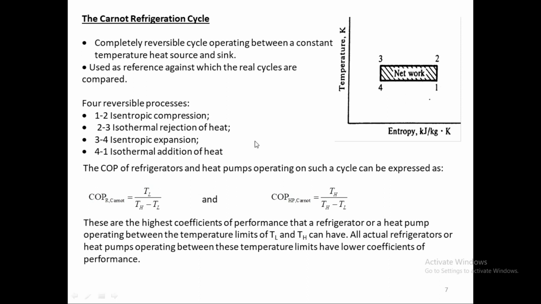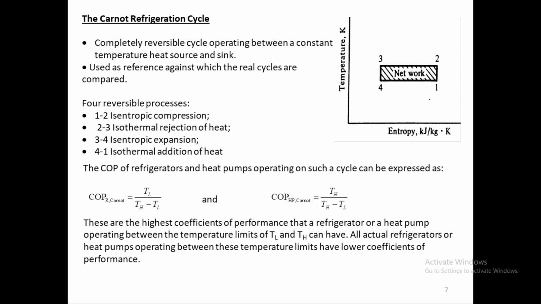For the reversible process, as you can see in the diagram, this is the diagram between temperature and entropy. So 1 to 2 is the isentropic compression, which normally occurs in the compressor. 2 to 3 is the isothermal heat rejection in the condenser, and 3 to 4 is the isentropic expansion process in the expansion valve.